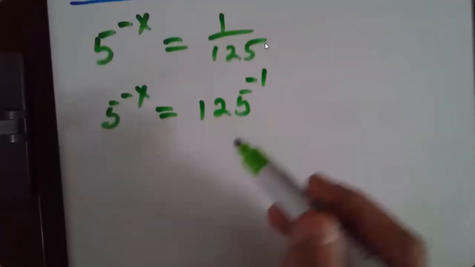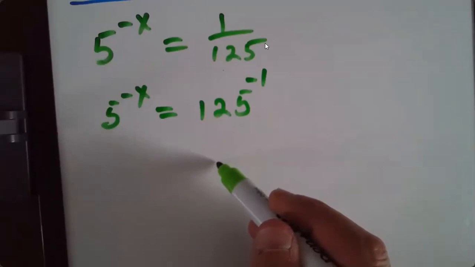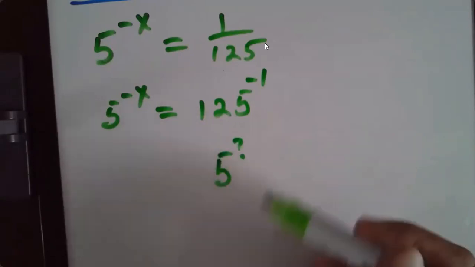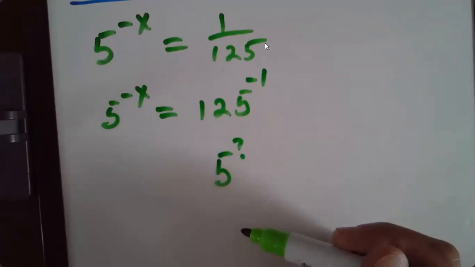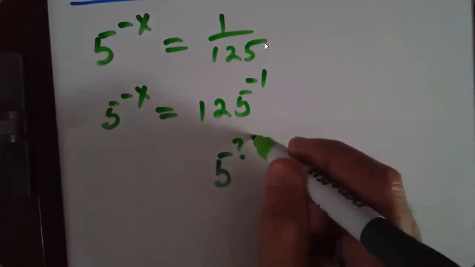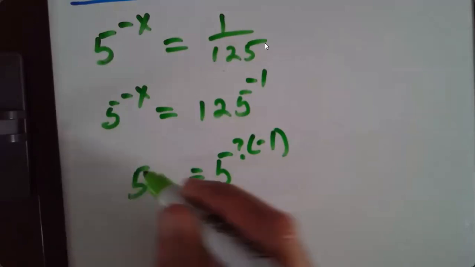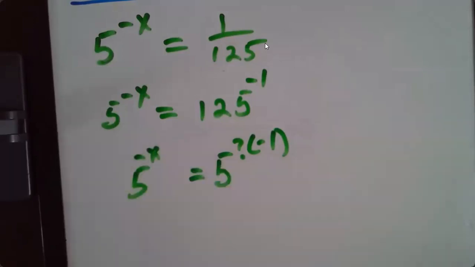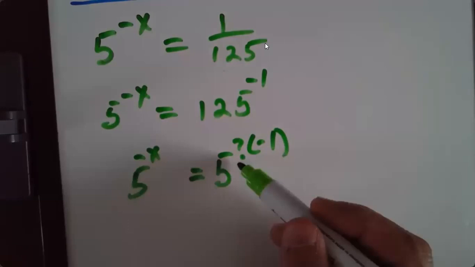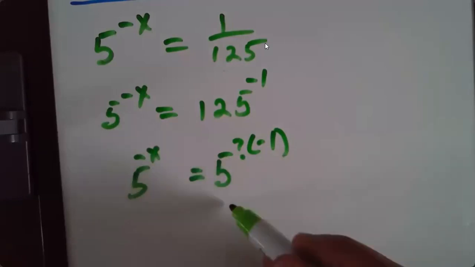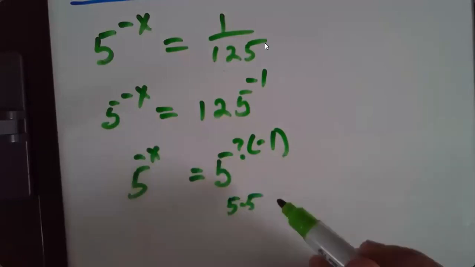Now we ask ourselves, 5 to what power gives us 125? We still have that negative 1 there, so we have to include that, and the left side doesn't change. Well, 5 to what power is 125? 5 times 5 is 25, and 25 times 5 is 125.